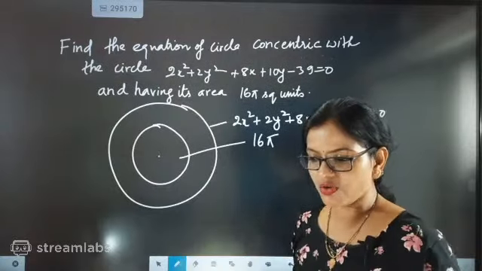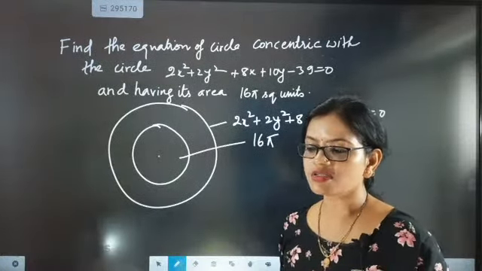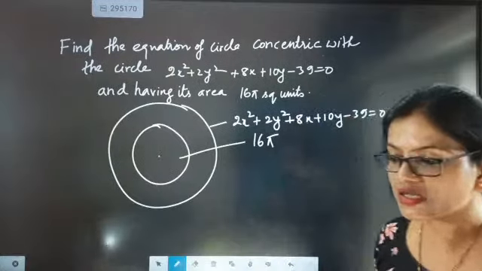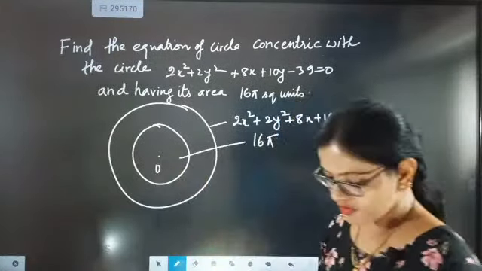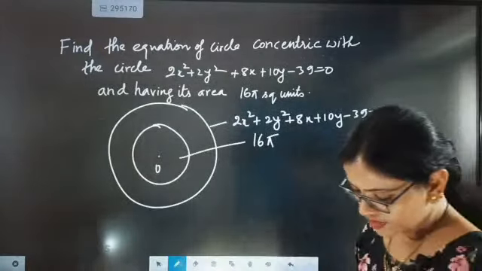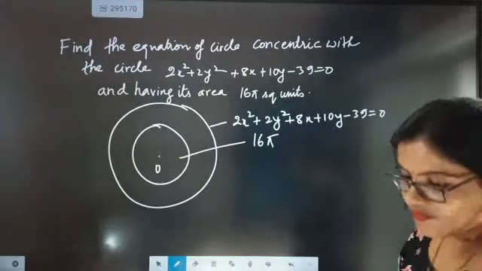What we know is that concentric circles have a common center. So this center will be common.